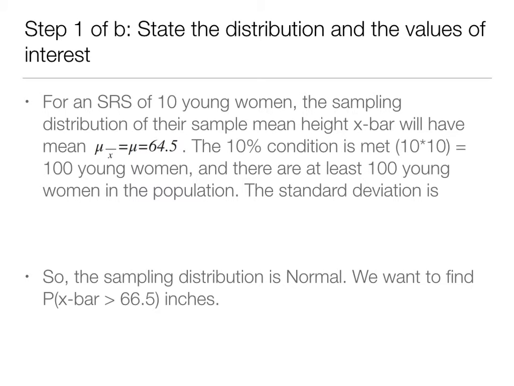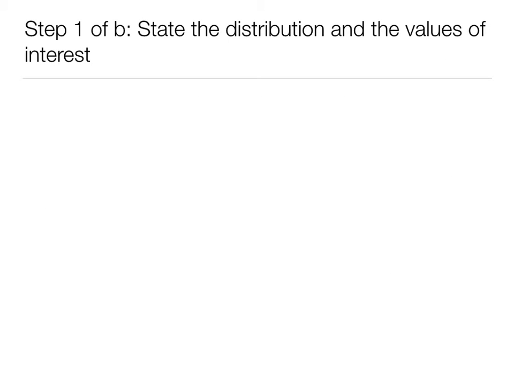The 10% condition is met because certainly there are more than 100 young women in the population. 10 times 10 is 100, and there are at least 100 young women in the population. And the standard deviation is going to be equal to 2.5 divided by the square root of 10.